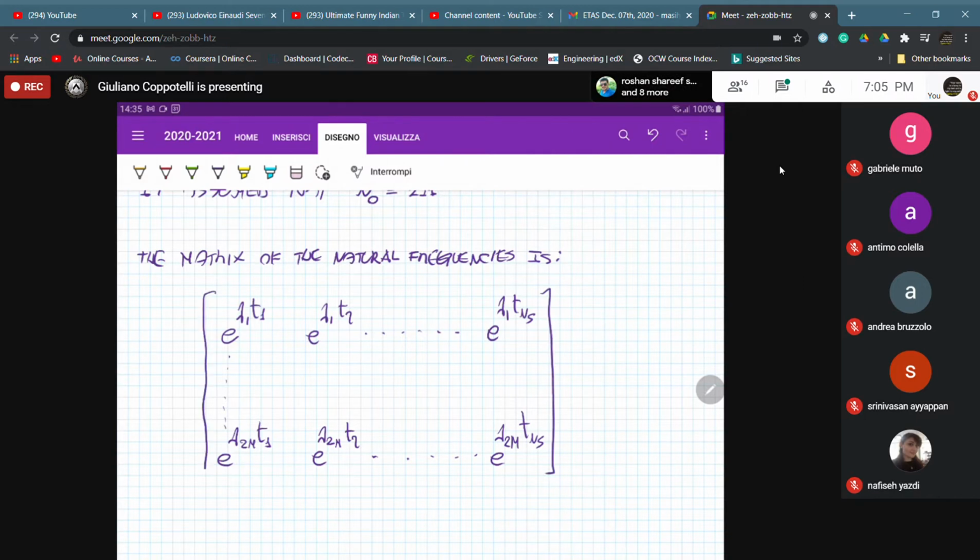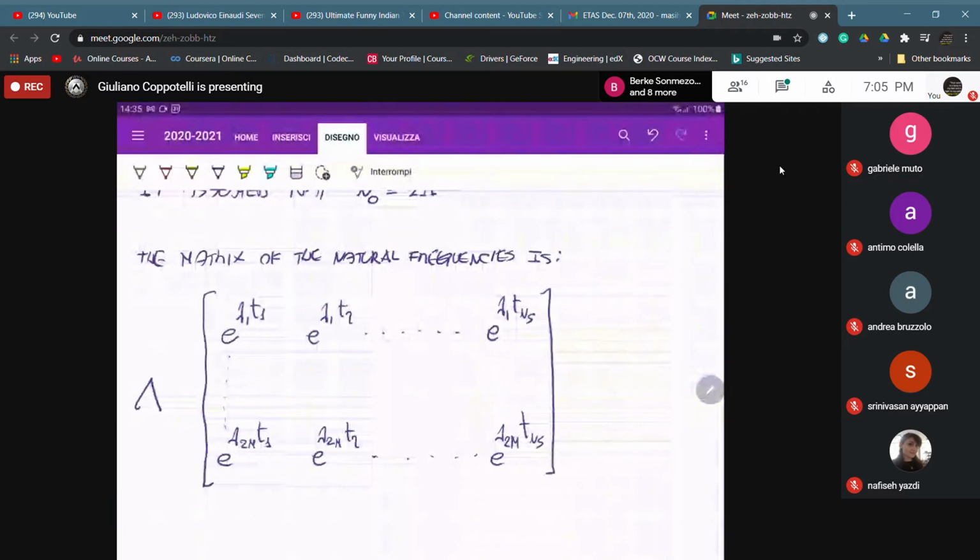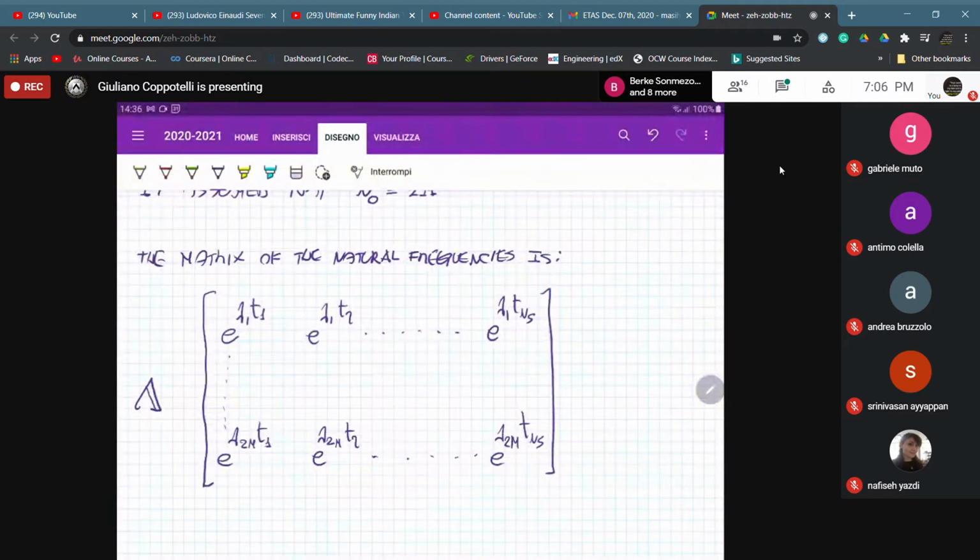This matrix of natural frequencies is your capital bold lambda matrix, defined in this way.